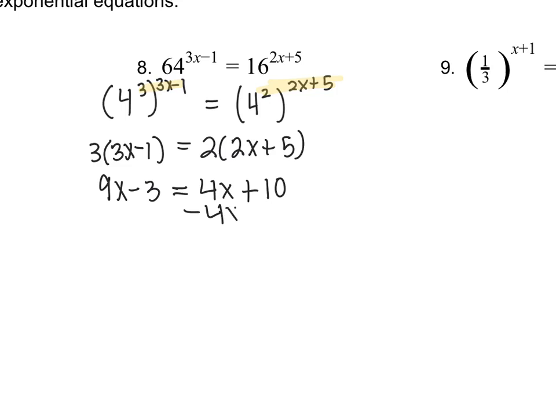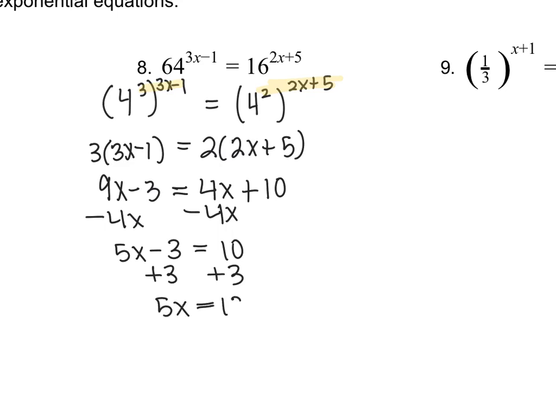Next, we want to subtract 4x from both sides. So we get 5x minus 3 equals 10. And we're going to add 3 to both sides. So we get 5x equals 13. Then lastly, divide by 5, and we get x equals 13 over 5.